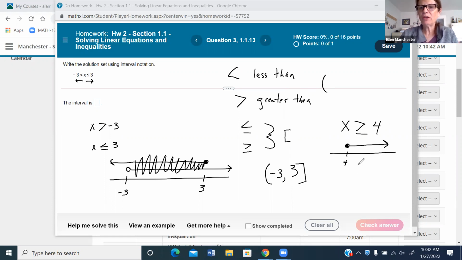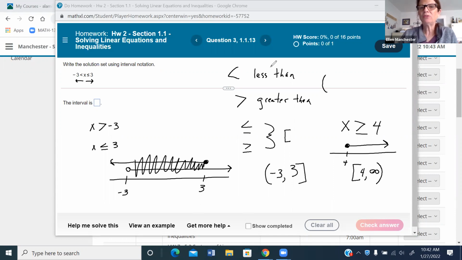So in interval notation, it would be a bracket, 4, and then because it continues on forever, the infinity sign. When you have an infinity sign, down at the bottom of your screen you'll have some icons, and that's the only way to draw an infinity sign. Infinity goes on forever, it never stops, so I'm going to use the parenthesis.